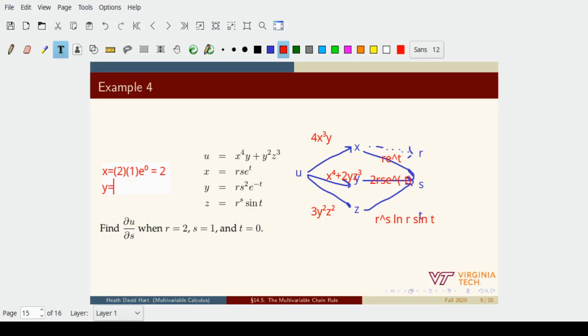Y is equal to 2 times 1 squared times e to the negative 0, and that's also equal to 2. And z is equal to 2 raised to the 1 power times the sine of 0, and that's equal to 0.